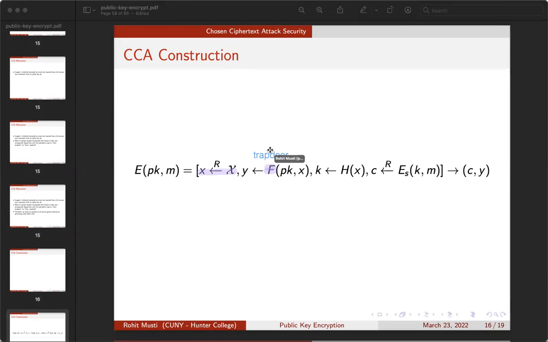F is the trapdoor, and out of that we get Y. Then we generate our key K by running the hash, and this is the collision resistant hash, and that produces a key K. Then we apply our encryption function to the message with the key K, resulting in C. The encryption output is C and Y.